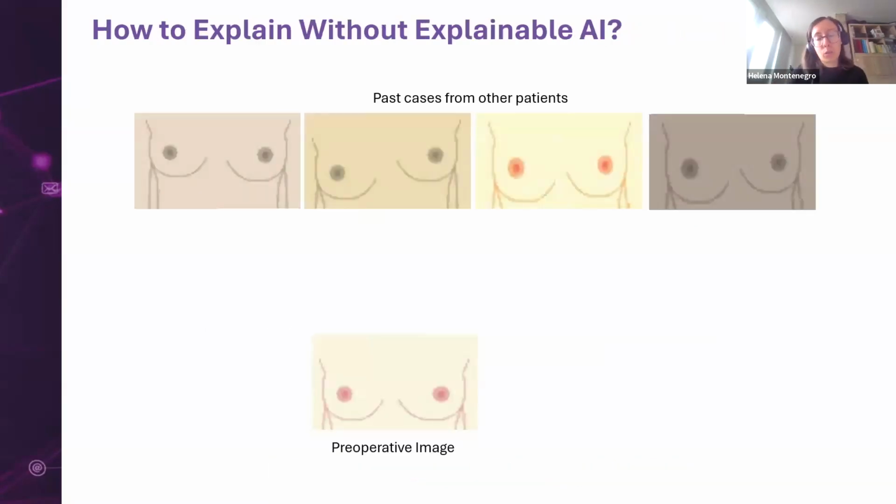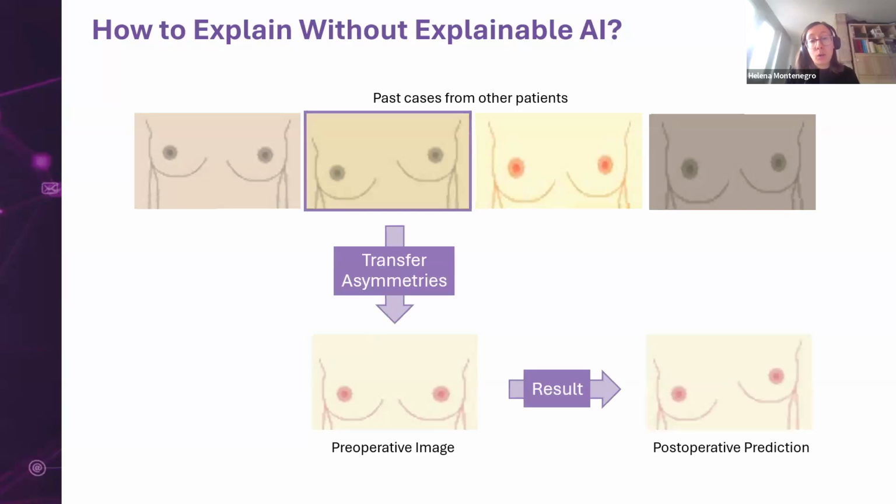So in this case, what we do in Cinderella is, first, we look at images from past patients that have gone through the same surgical procedure as the current patient, and we select the patient with the most similar breasts. Then we develop an AI generative model that will take the asymmetries of the past case and transfer them into our preoperative image.